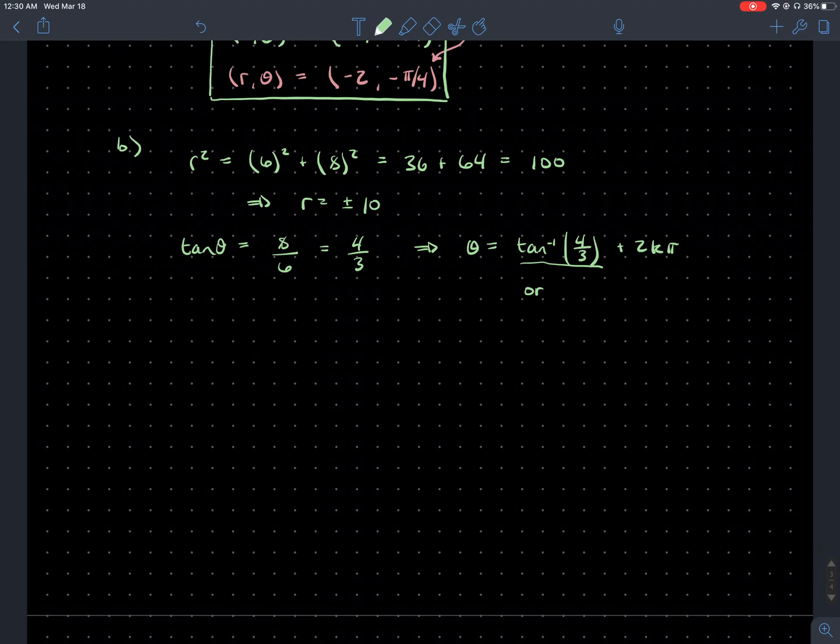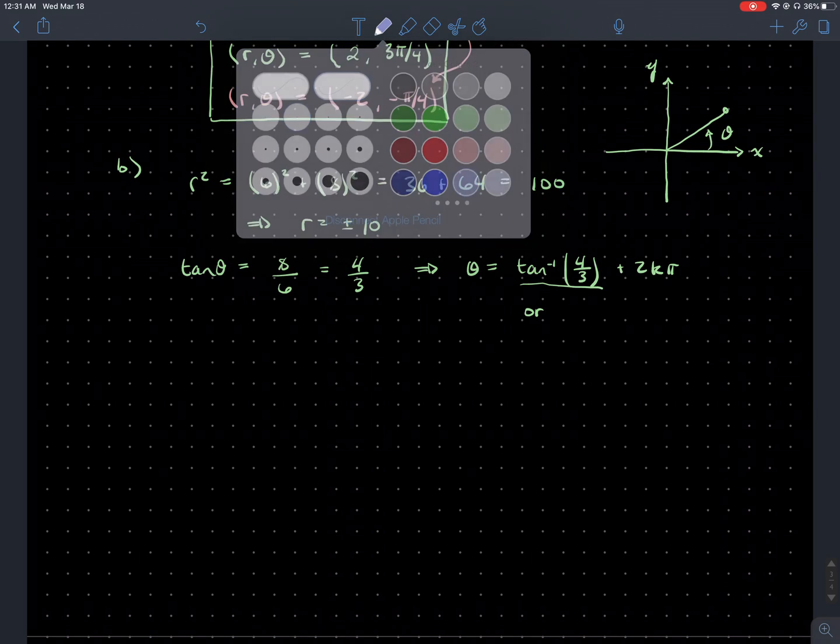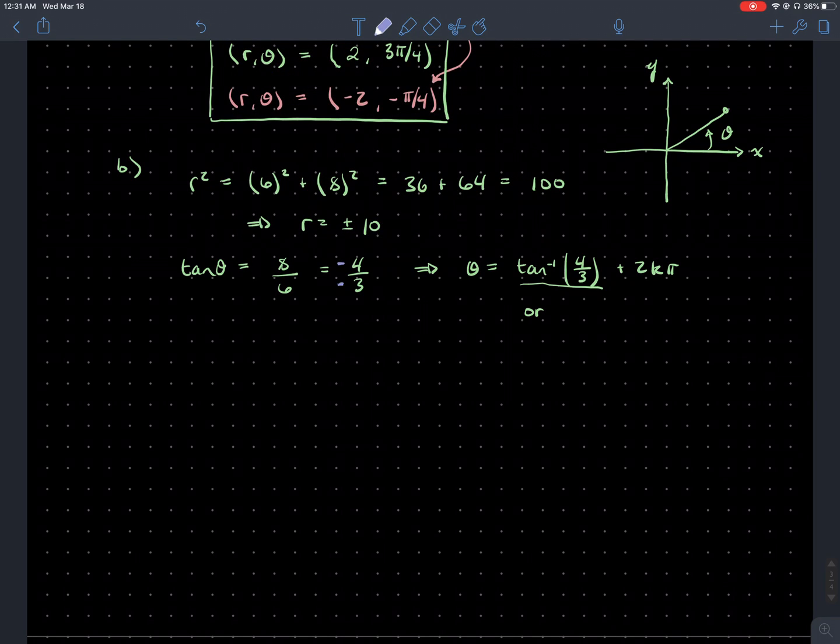Well, we know tangent inverse lies between negative pi halves and pi halves, and since we have a positive input, it's going to be rotating positively upward. So we have x and y, which means that theta is going to be somewhere over here. But note we could always have, say, a negative over a negative.